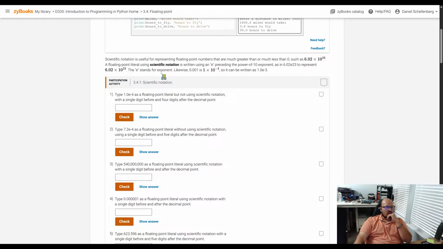The e stands for exponent. Likewise, 0.001 is 1 times 10 to the minus 3, so it can be written as 1.0e-3.